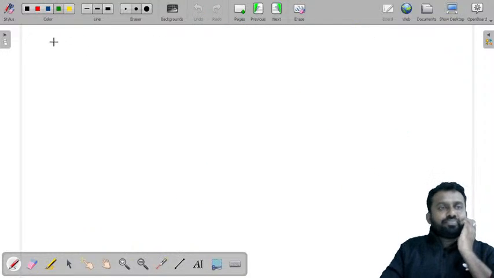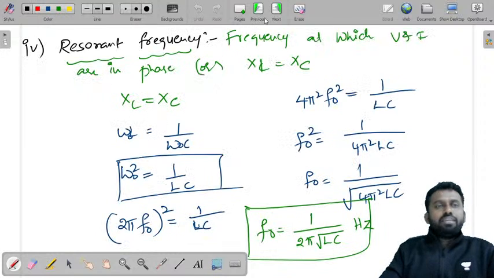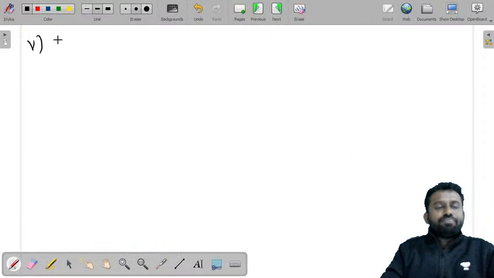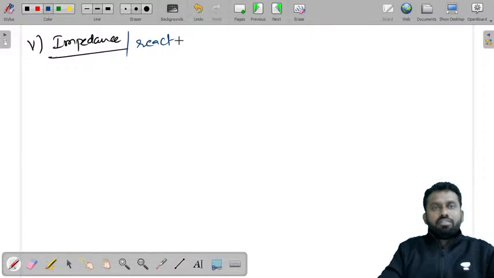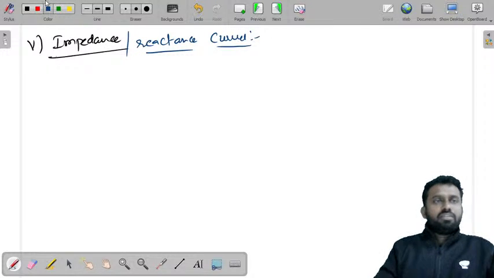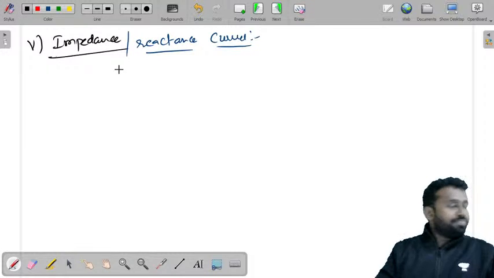As we know, we'll try to do one more thing. Fifth one, impedance curve. We'll try to plot this. Impedance or reactance curve. First we'll plot the reactance curve, then we'll plot impedance.